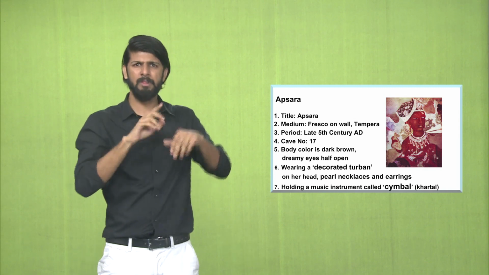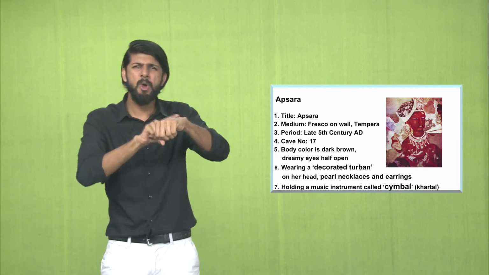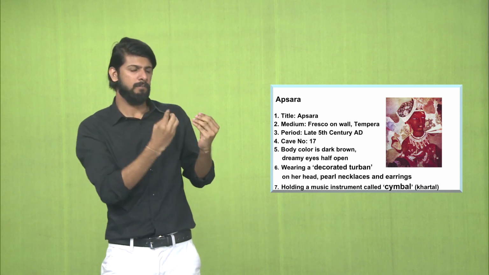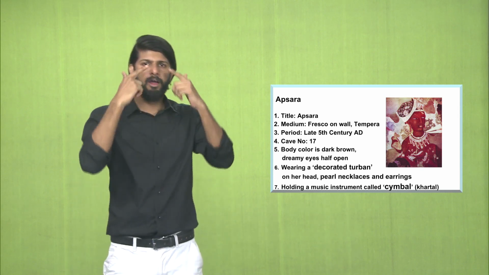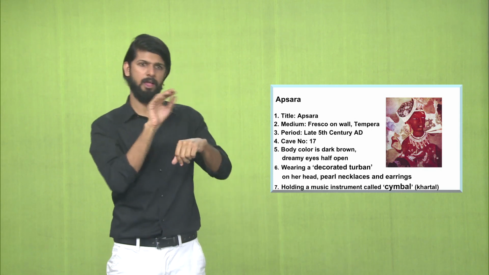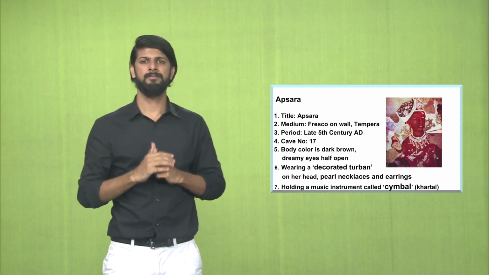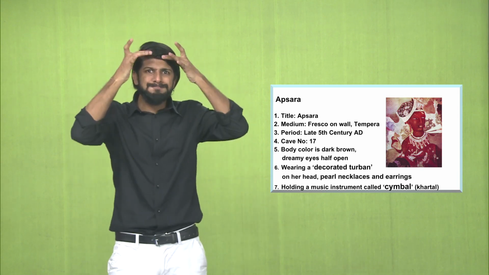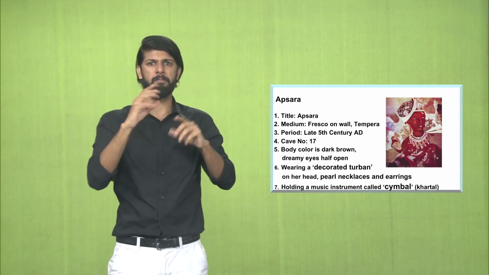The Apsara, you would see the body color is dark brown. The eyes are dreamy and half open. In the painting, the figure is wearing a decorated turban.